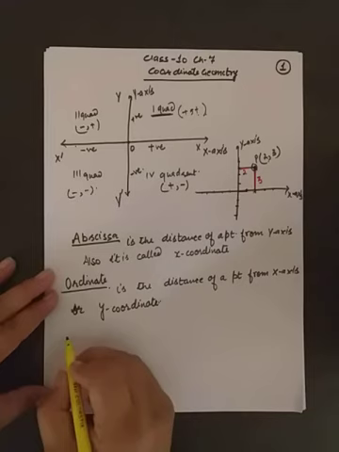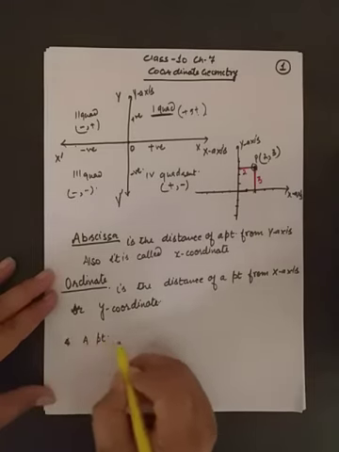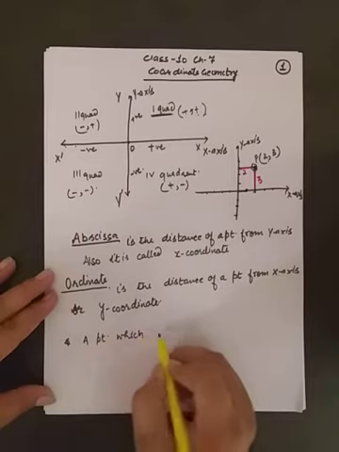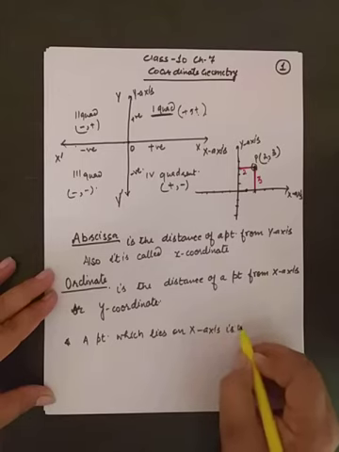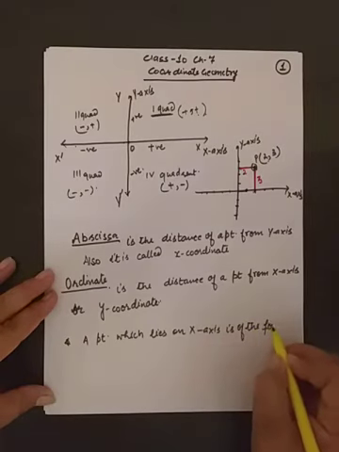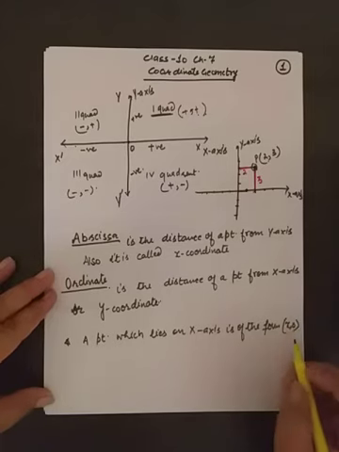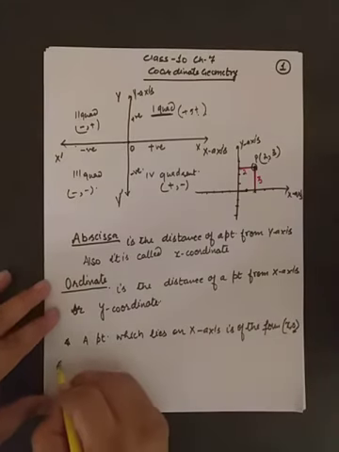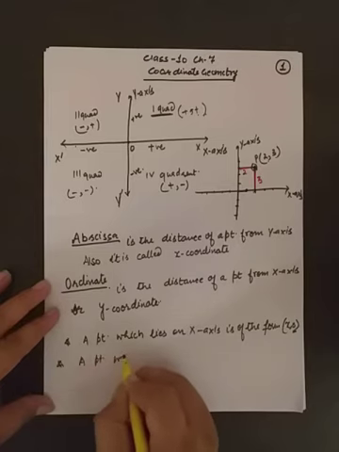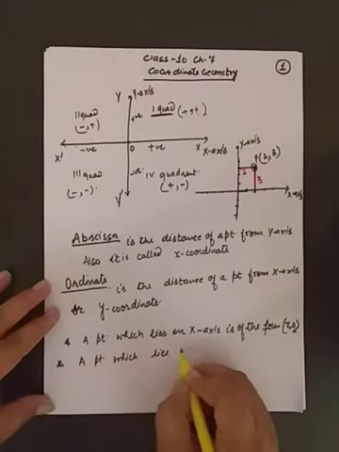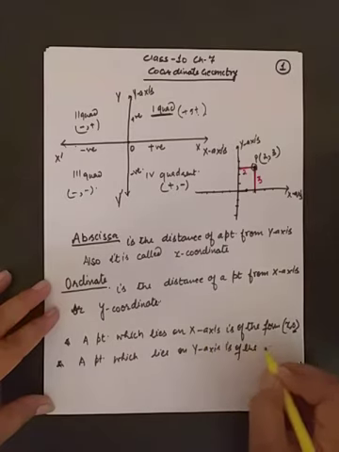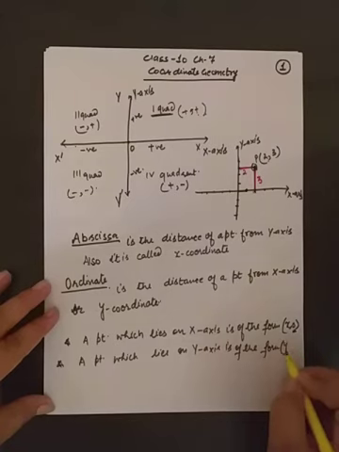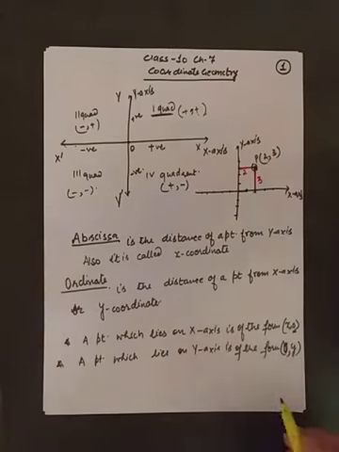So we can say a point which lies on the x-axis is of the form (x, 0), meaning its ordinate will be 0, and a point which lies on the y-axis is of the form (0, y), meaning the abscissa of all those points will be 0.